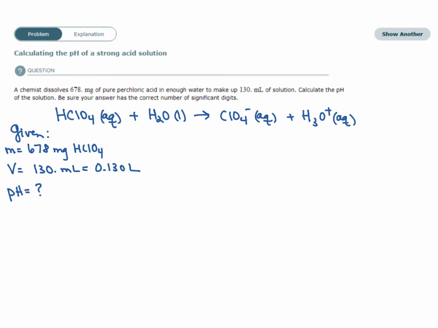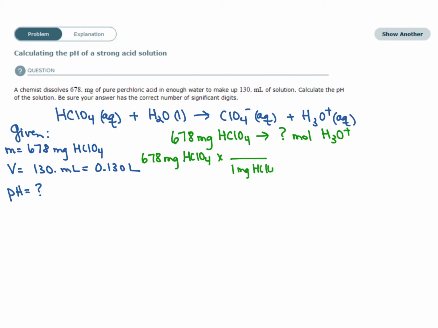So I'm going to have to convert my HClO4 to moles of H3O plus. I can get the grams from the periodic table.